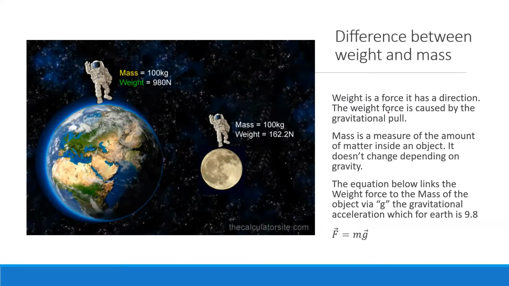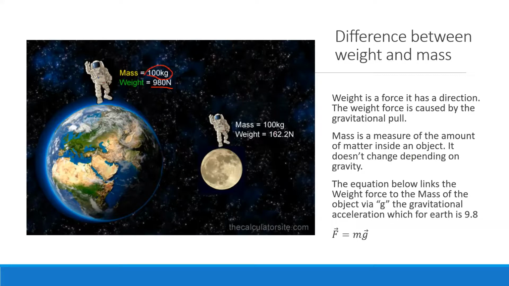Weight force is caused by the gravitational pull. So your weight force, 980 newtons or whatever it is, is the force that you experience on the planet. Now, mass is a measure of the amount of matter inside an object. It doesn't change depending on gravity. So your mass on Earth will be 100 kilograms.